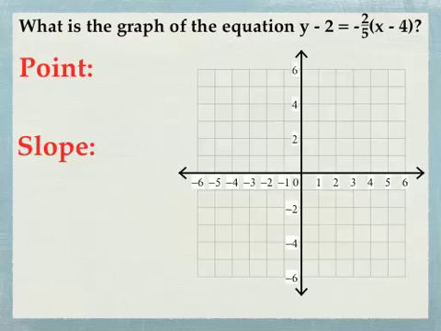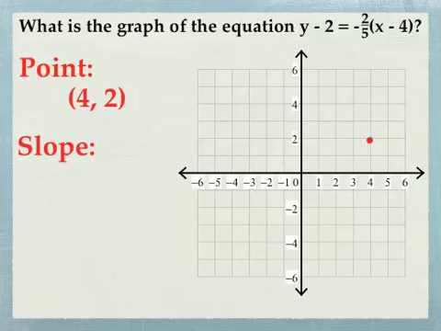So when we find the point that's given in the equation, my x sub 1 value is a +4, and my y sub 1 value is a +2. So my ordered pair is (4, 2).